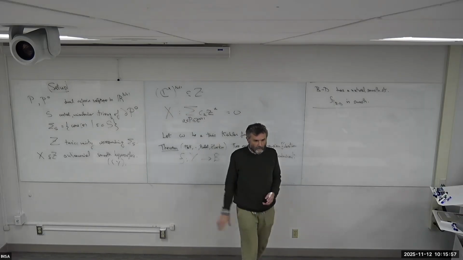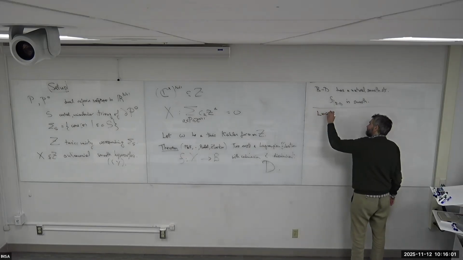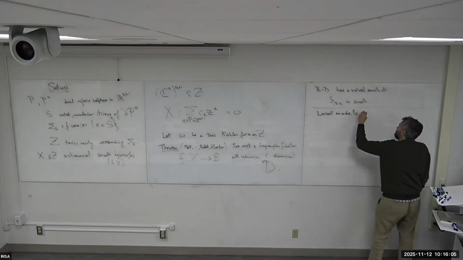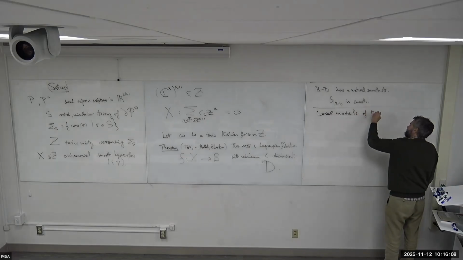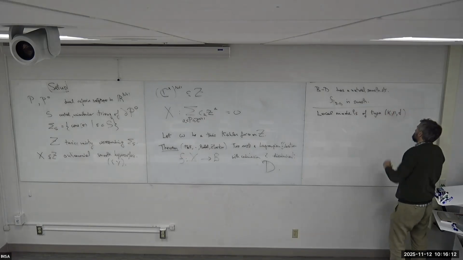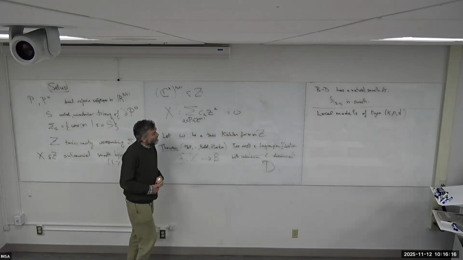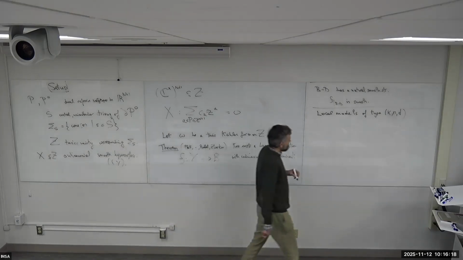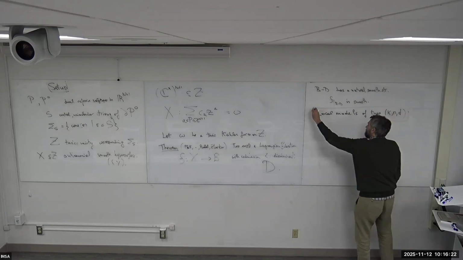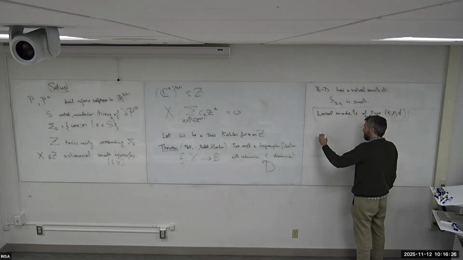So I just want to say what the local models are. Local models of type K and D. So they are just these varieties. A local model of type K and D is a variety of this type.